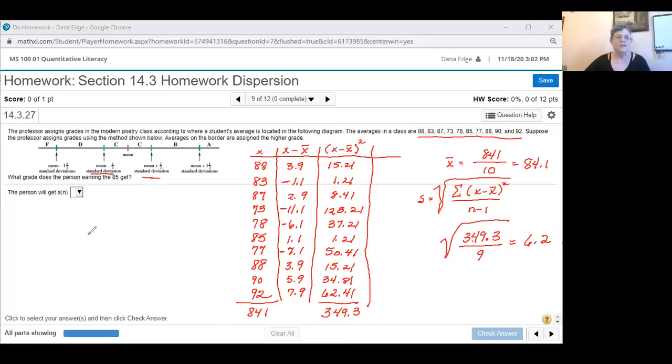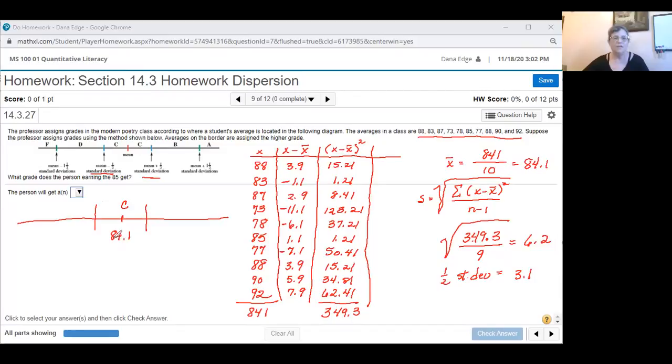Okay, so our mean was 84.1. That plus or minus a half of a standard deviation. So if one standard deviation is 6.2, 1/2 standard deviation is going to be 3.1.